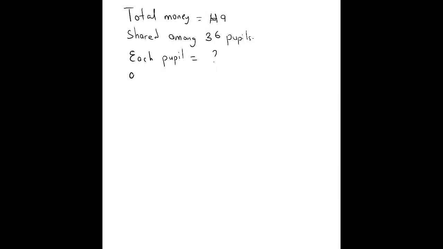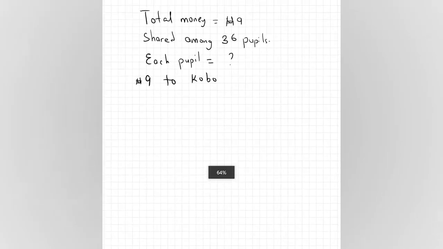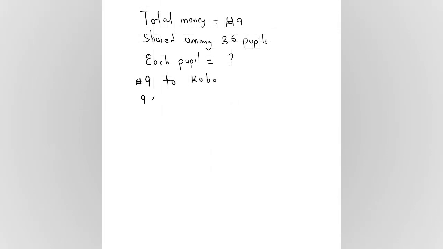To do that, we multiply 9 by 100. 9 times 100 is equal to 900 kobo.